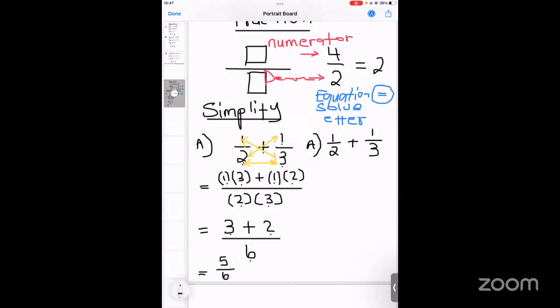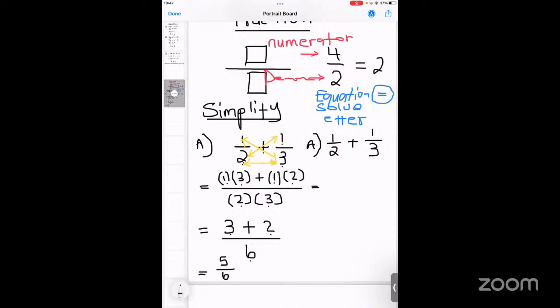So first, I will start with a half plus a third. We first find the lowest common denominator, which is 6, for the denominators 2 and 3. Then we make the denominators the same, and for the half you say 2 times 3 because that equals 6, and then the numerator 1 times 3 equals 3.